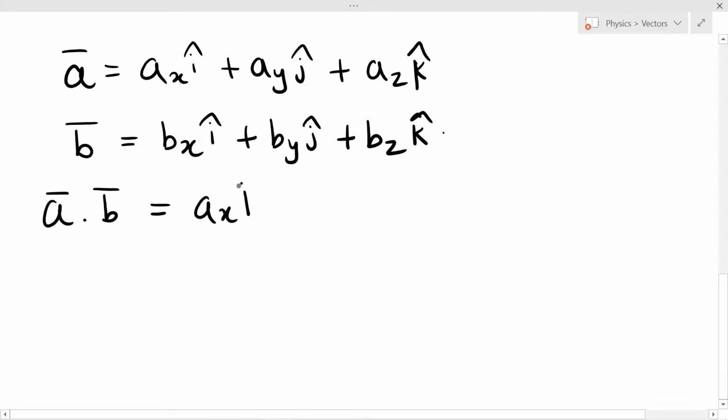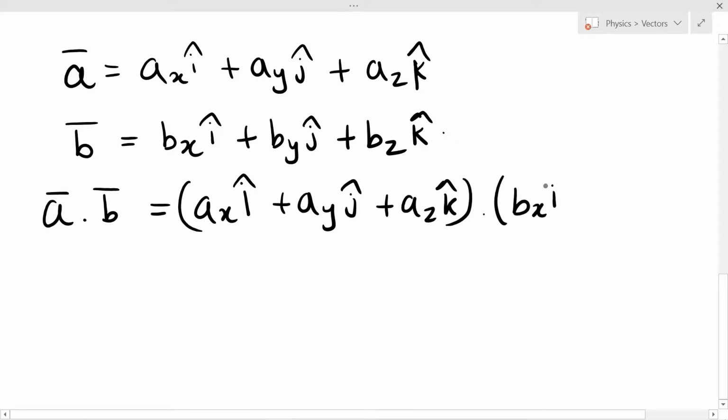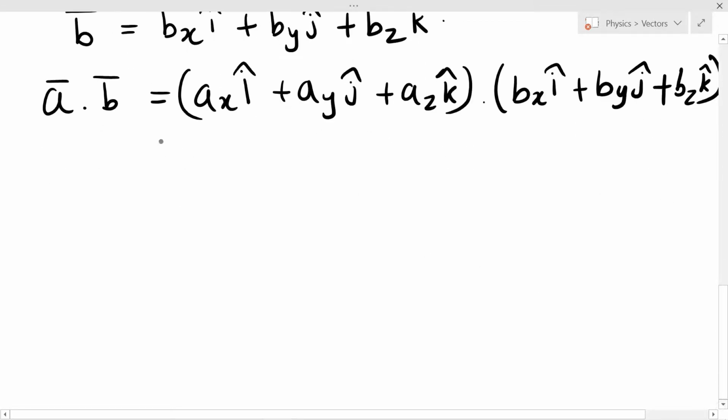ax I cap plus ay j cap plus az k cap dot bx I cap plus by j cap plus bz k cap. Now let's dot it.